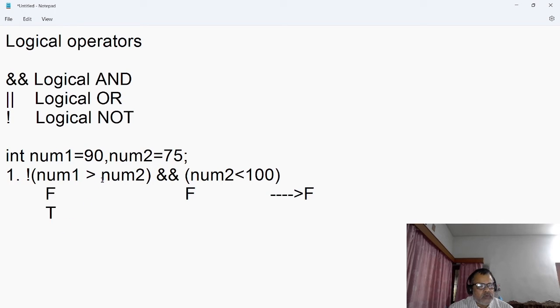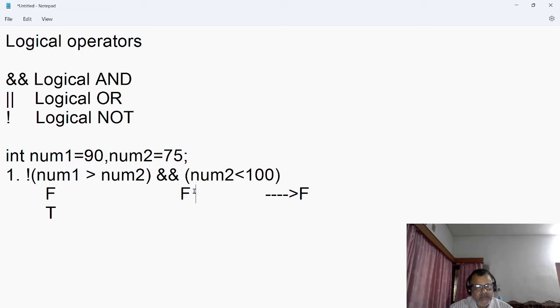This is because the false expression becomes true and the true expression becomes false. It means here you will not get true, you will get false.